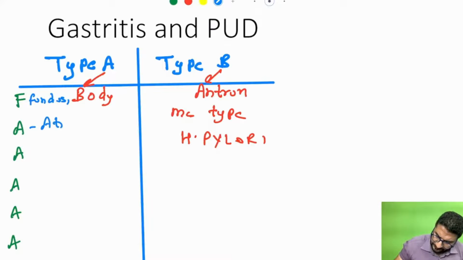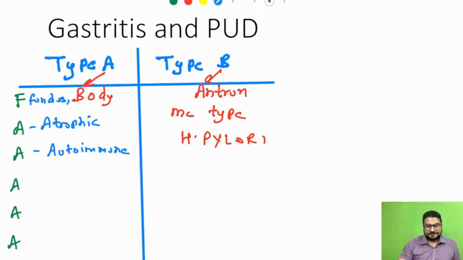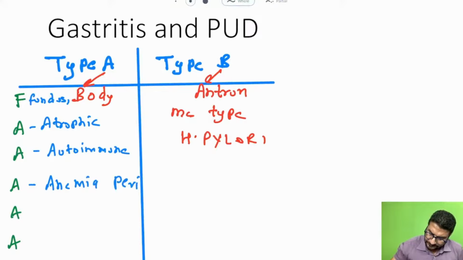A for atrophic. It's also called atrophic type. A for autoimmune. You will find antibodies. Now see, autoimmune means there should be antibodies. So antibodies will destroy parietal cells. Now parietal cells are destroyed, so what will happen? Pernicious anemia. So patient can develop pernicious anemia.